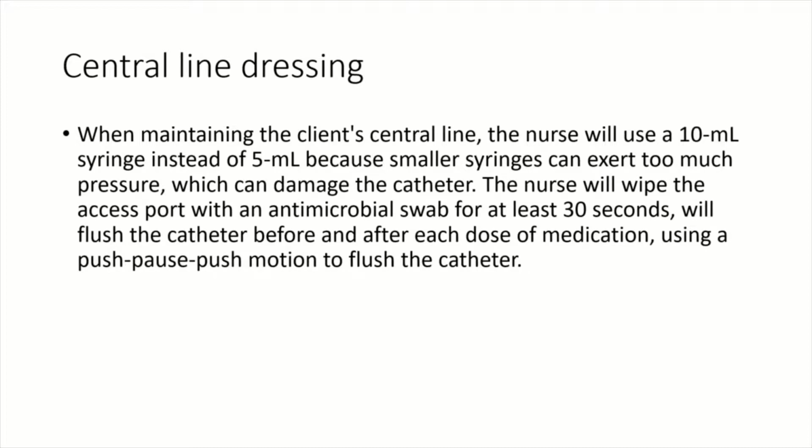We're cleaning that with alcohol for at least 30 seconds. And we will flush the catheter before and after each medication. And we're using that push-pause motion. And the rationale for our push-pause motion is that it creates turbulence within the line, better clearing that line of any residual medication and making sure that it's completely flushed.